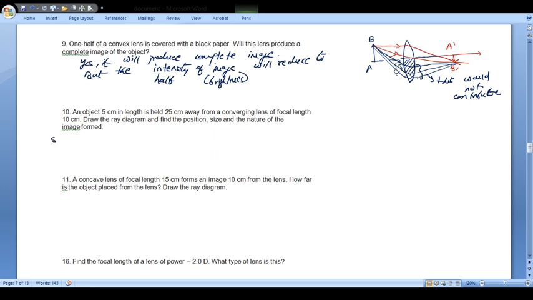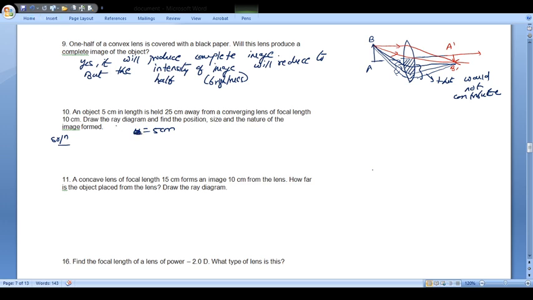Now let's see this question. An object 5 centimeter in length is held 25 centimeters from a converging lens. Your u is not 5 centimeter.